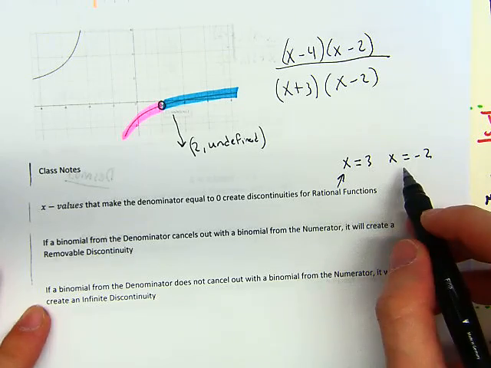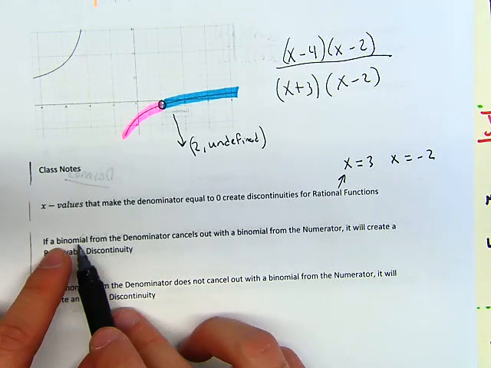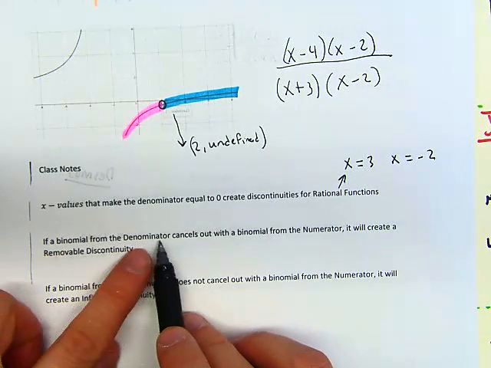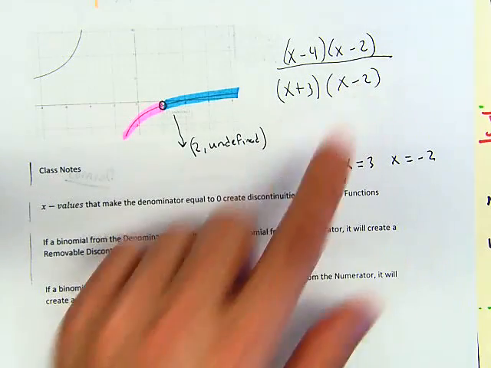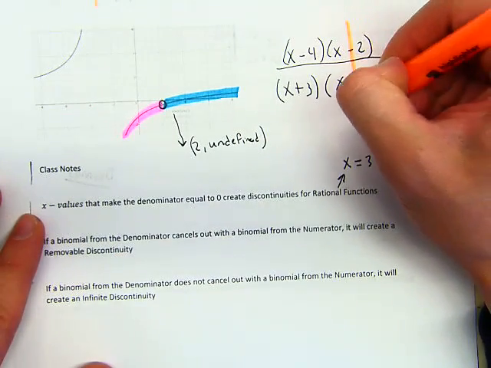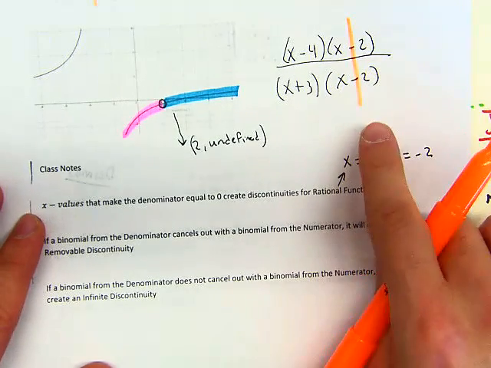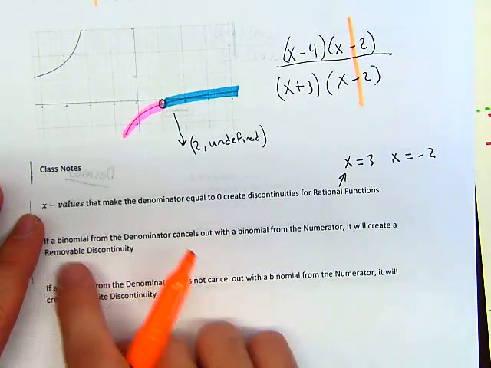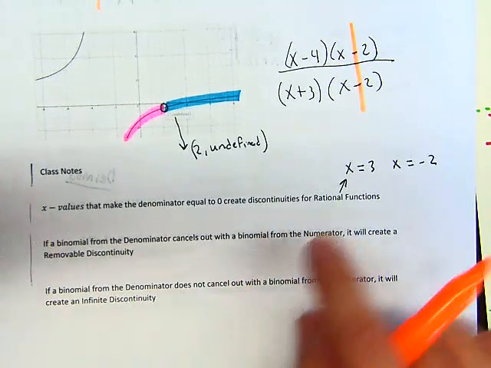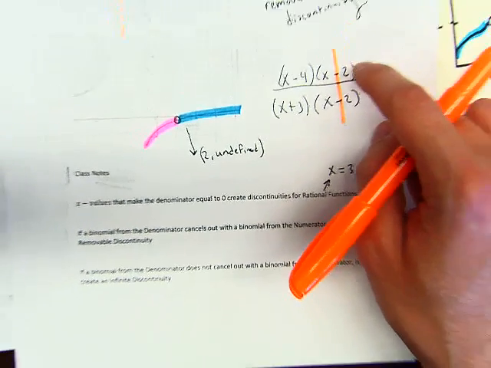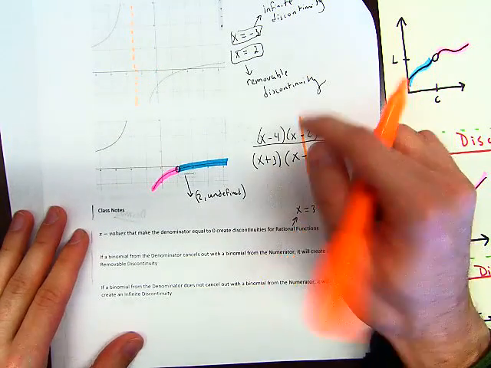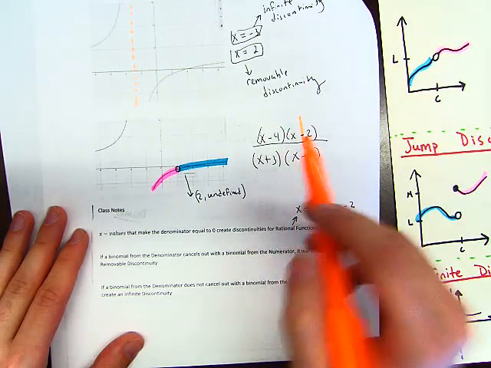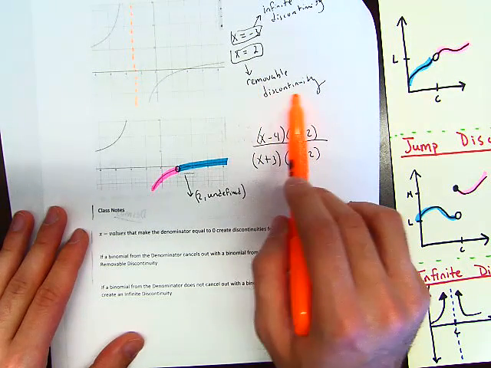These are the discontinuities. But here, if a binomial from the denominator cancels out with a binomial from the numerator. So notice that when we factored this, I could cancel these x minus 2's. It will create a removable discontinuity. So every time you have a binomial in the numerator and denominator, if they cancel, you create a removable discontinuity.